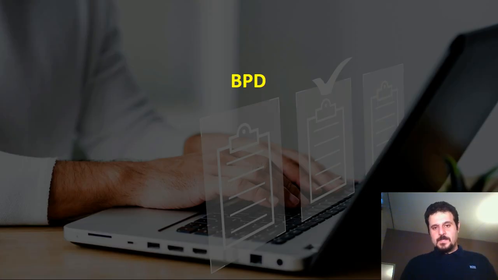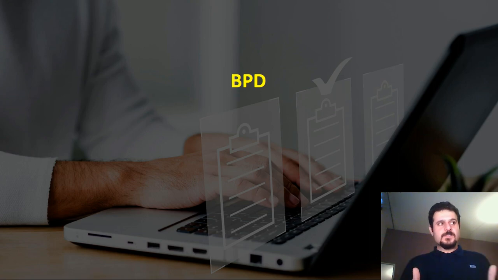The second output in this step is the BPD, business process diagram. You should design the processes. As I said, you should draw the processes, determine a set of activities, the relationships between them, and who is responsible.